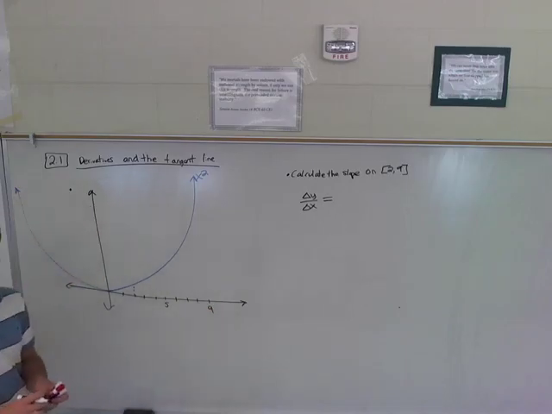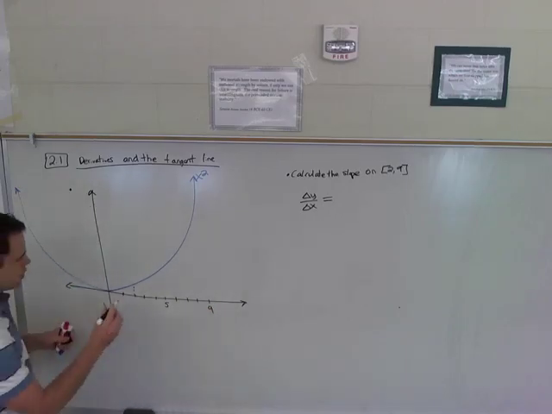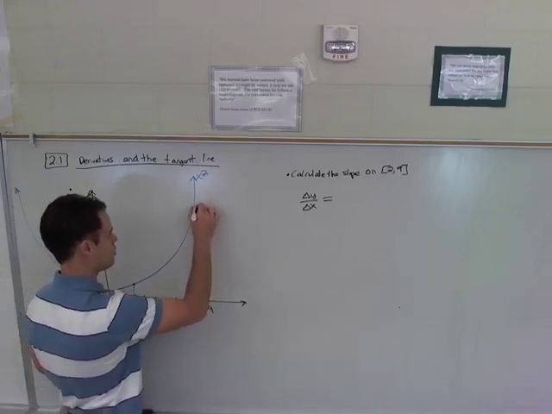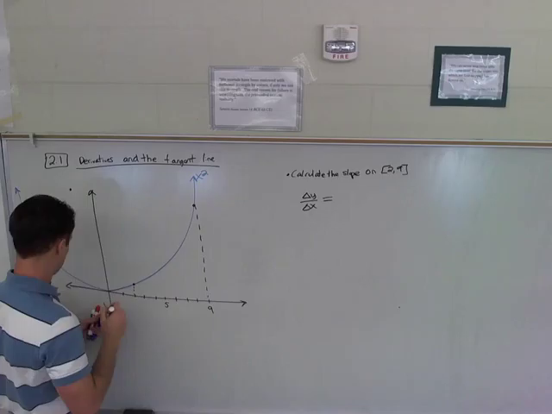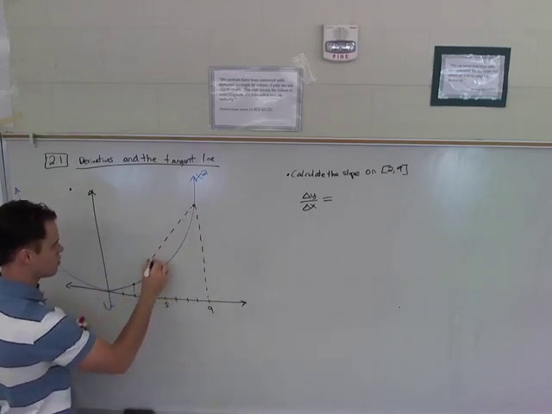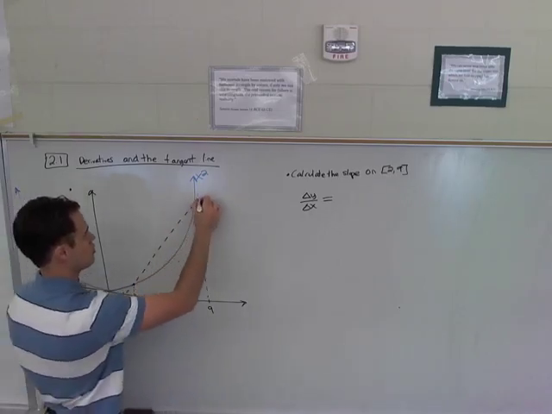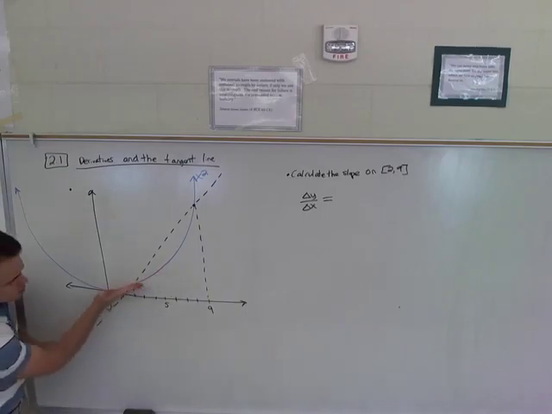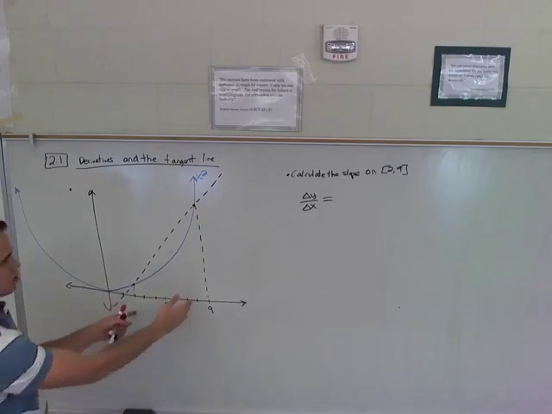Okay? So first I'm going to calculate the slope of the line that goes between 2 and 9 on the curve. What kind of line is this? Secant line. It crosses twice, right? Our eventual goal was to create the slope of what kind of line? A tangent line. So we can see it's like right there, right? That's going to be that tangent line. But we're just going to start with this interval, 2 to 9.